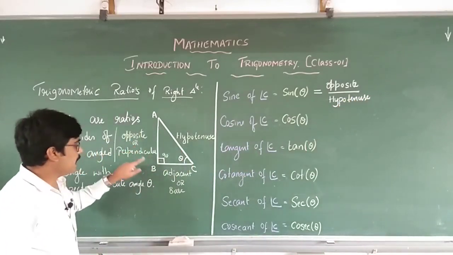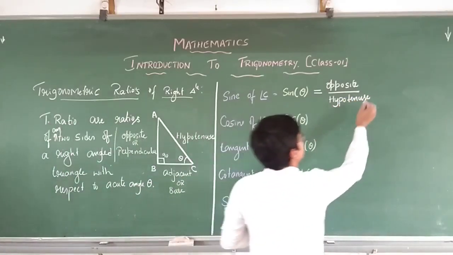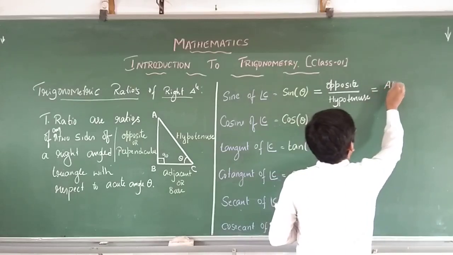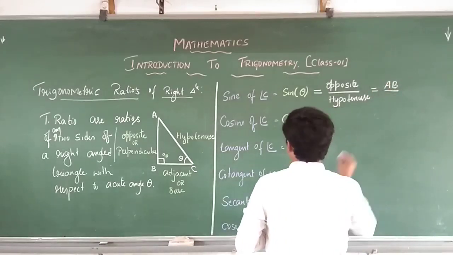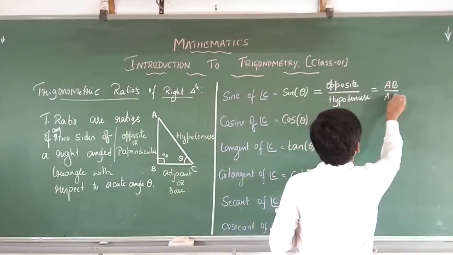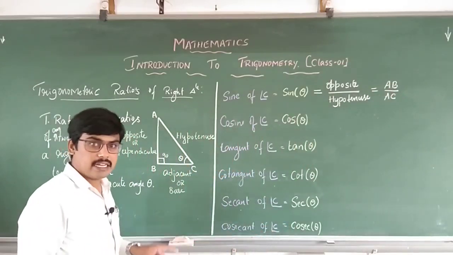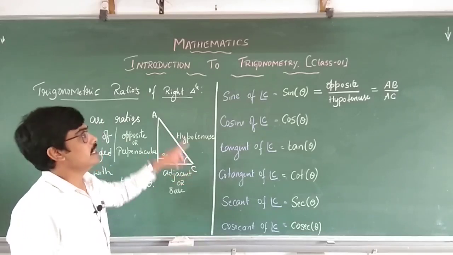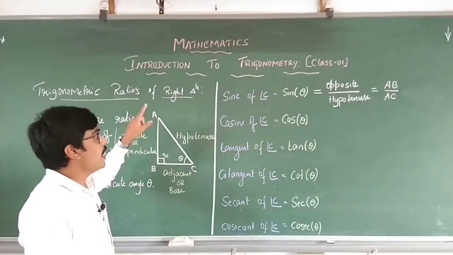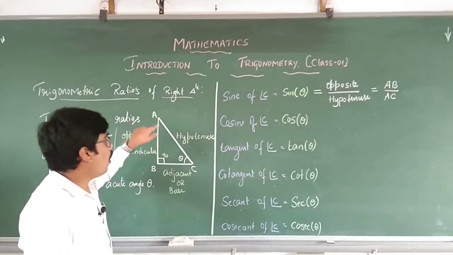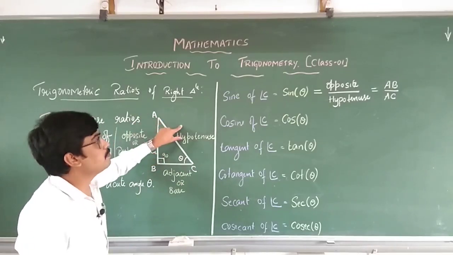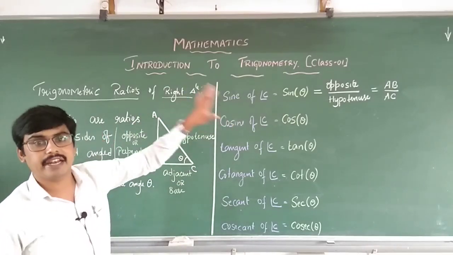Which is the opposite side here? AB. I can write sin theta as AB divided by AC. This is the sine ratio. So sine of an acute angle is defined as the ratio of the opposite side and the hypotenuse side in a right triangle.